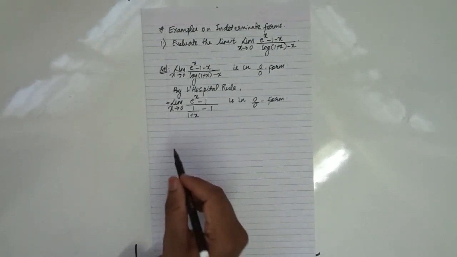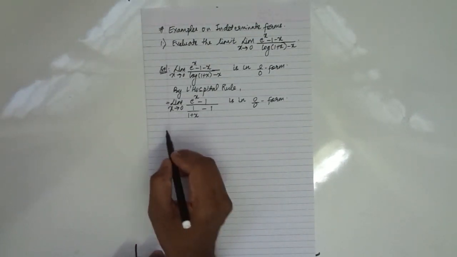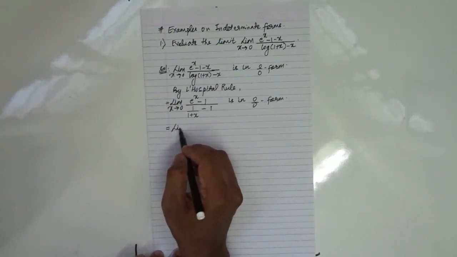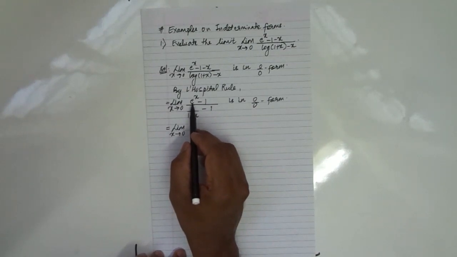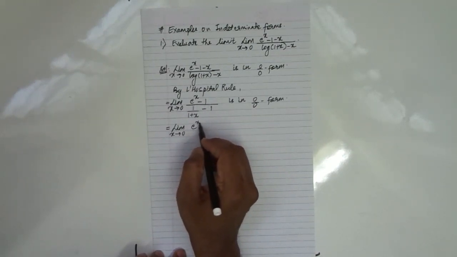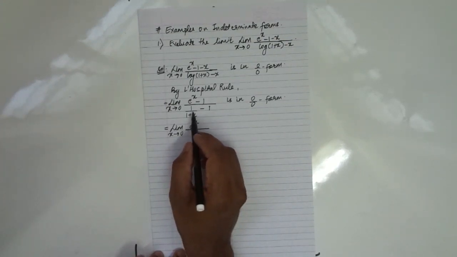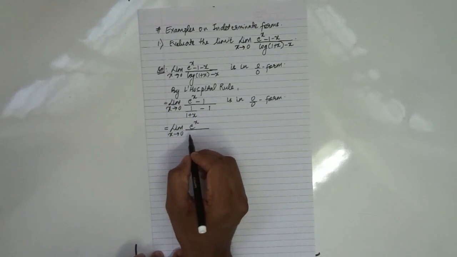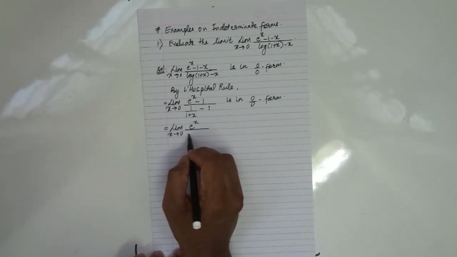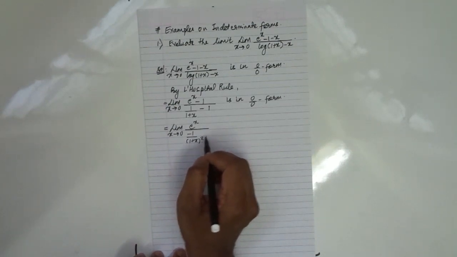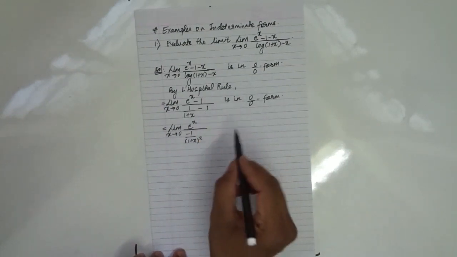So I will use one more time L'Hospital rule. So limit x tends to 0, the derivative of this function is again e raised to x minus derivative of this is 0 upon the derivative of this function is minus 1 upon 1 plus x whole square and minus 0.